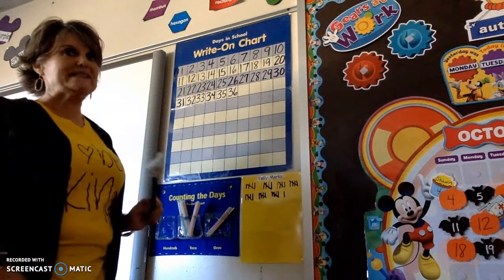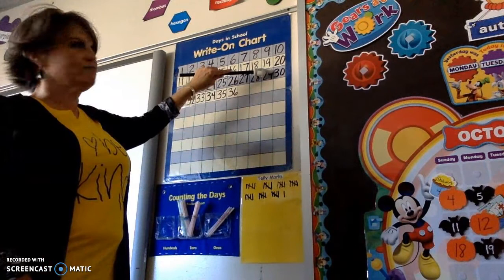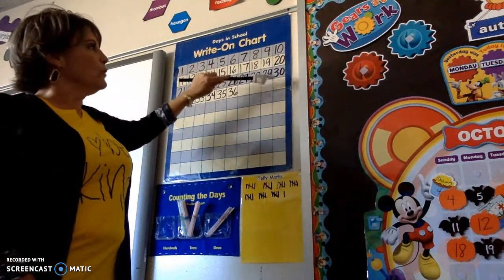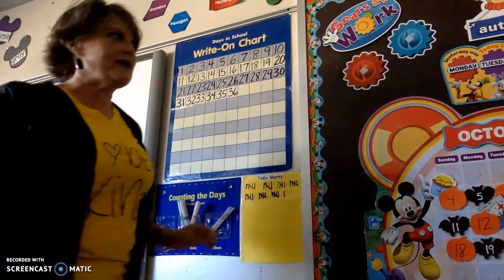Now let's count by tens. 10, 20, 30. And if we were to keep going, it would be 40, 50, 60, 70, 80, 90, 100.